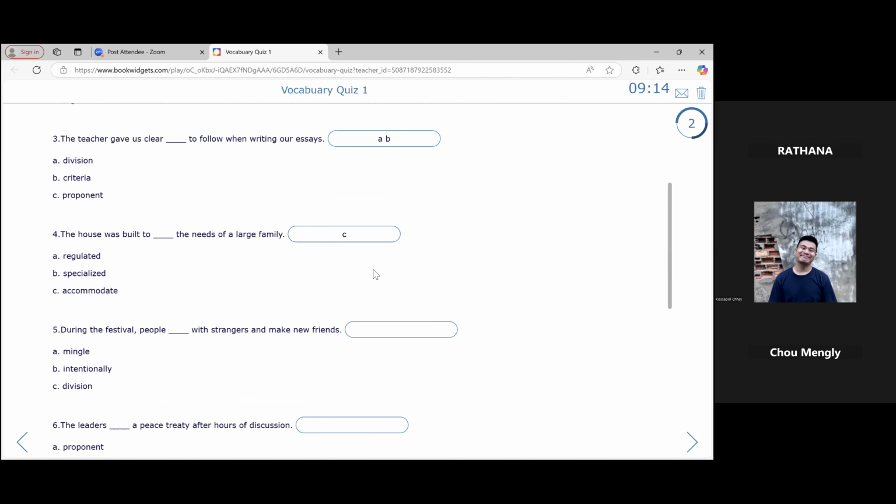During the festival, people meet with the storm. I think it's C, because it means to build it to fit the needs of a large family.